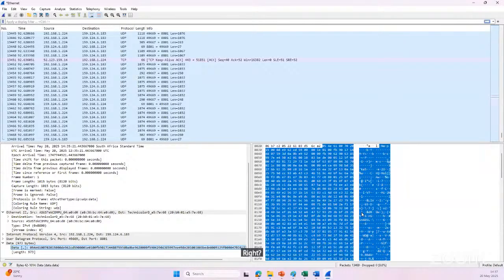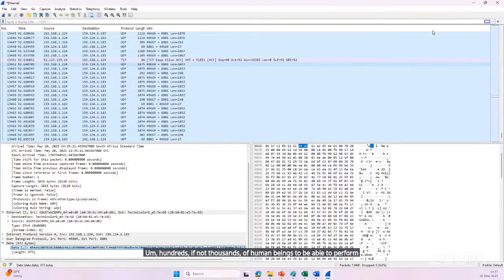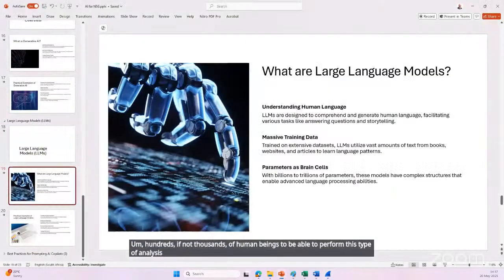Because that's the surefire way to identify a security vulnerability. So certainly, if you're going to try and depend on a human being to look at this, you are going to employ an entire team of human beings, hundreds, if not thousands of human beings to be able to perform this type of analysis, right?